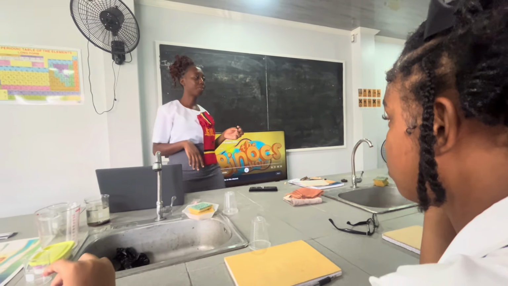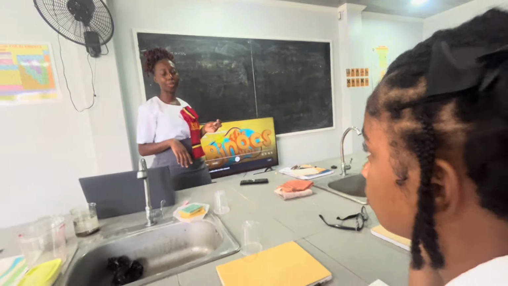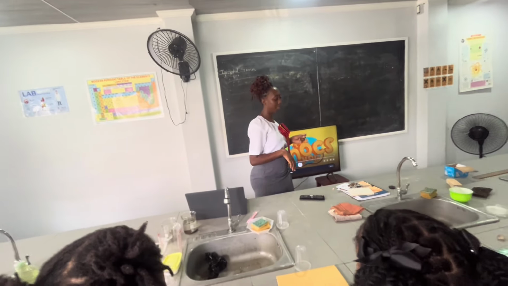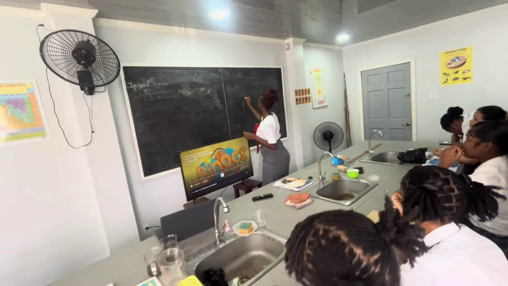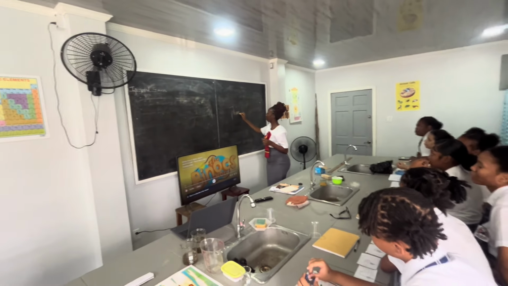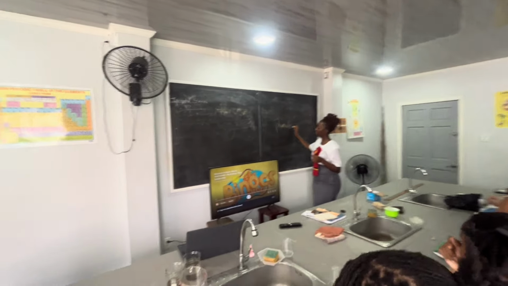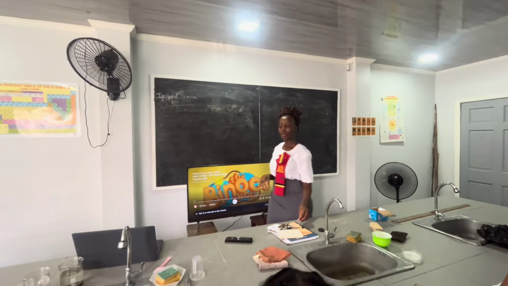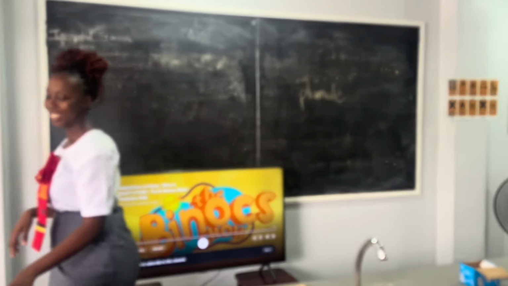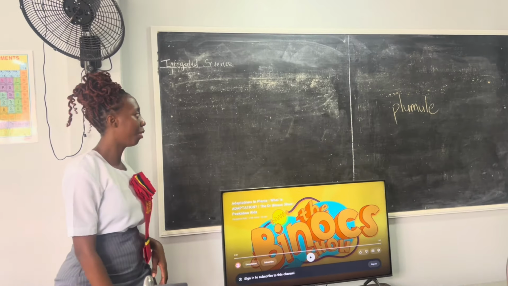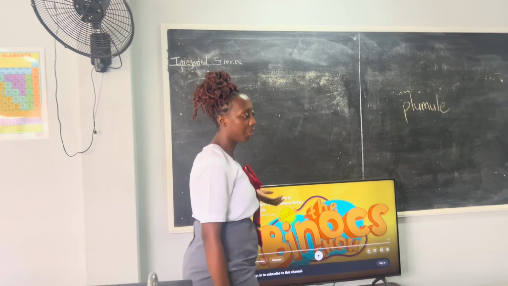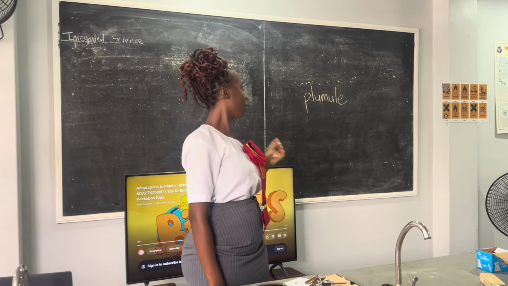Petiole. No. What is that? Plumule. So the part that you're calling root is the radicle, and the part that you call the leaf, that's the plumule.